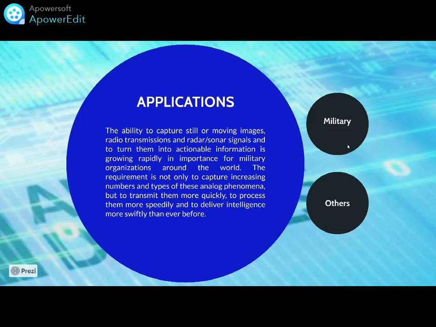The requirement is not only to capture increasing numbers and types of these phenomena, but to transmit them more quickly, to process them more efficiently, and to deliver intelligence more swiftly than ever before.